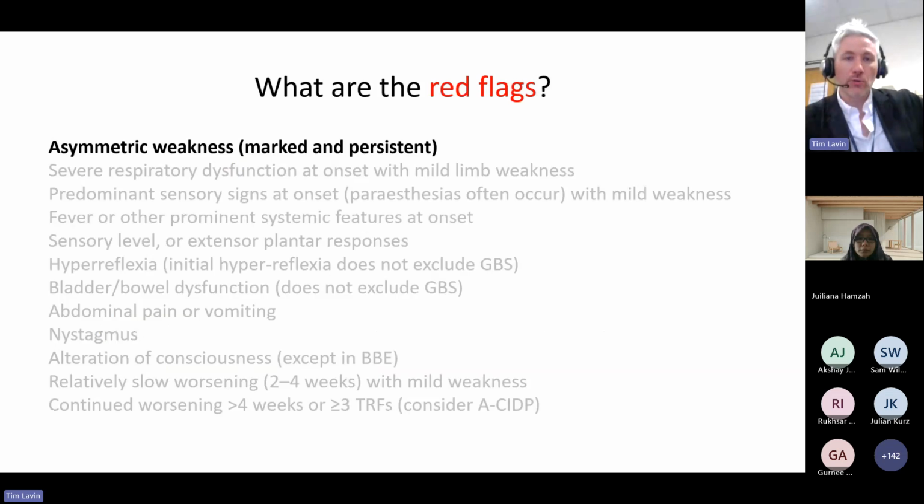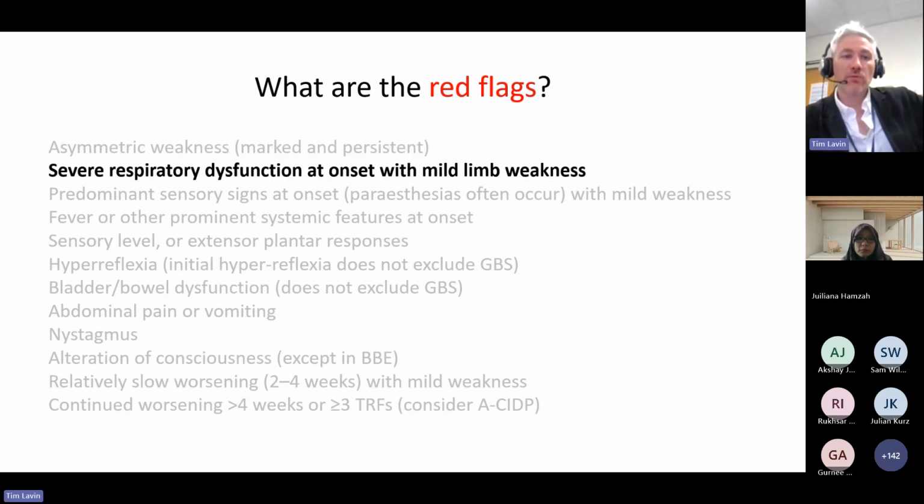So again, coming back to what are the red flags in the history for GBS? If we have very striking asymmetrical weakness, which is marked and persistent. People with very severe respiratory failure with very mild or no limb weakness, I've never seen GBS do that ever. Motor neuron disease can do that. Pompe syndrome can do that. Myasthenia gravis can do that at times as well.